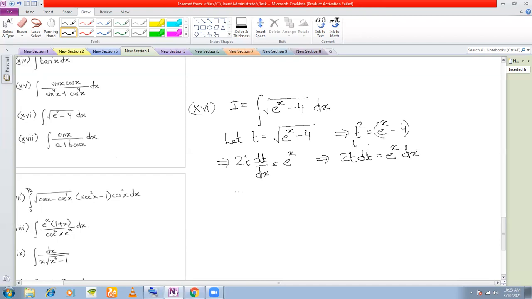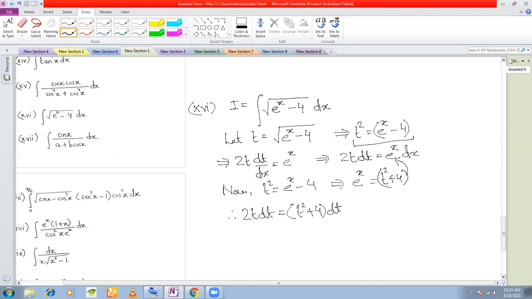Now see here, we have t square is equal to e to the power of x minus 4, which means e to the power of x must be equal to t square plus 4. Put this value here. So therefore, 2t dt must be equal to t square plus 4 dx.